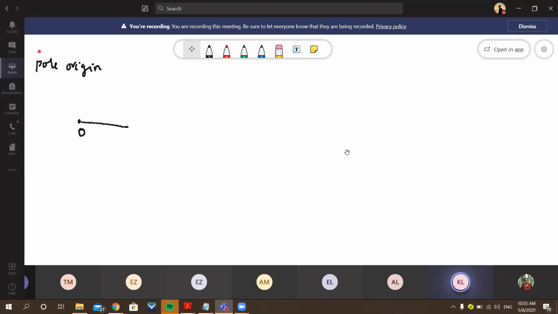Since the starting position, you go anywhere. Your initial line has come from there to here, and it is making an angle. So this is theta and this is r.